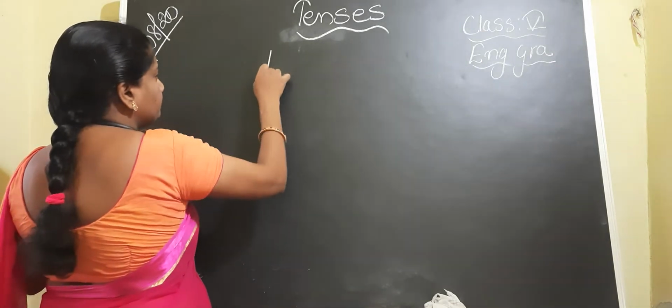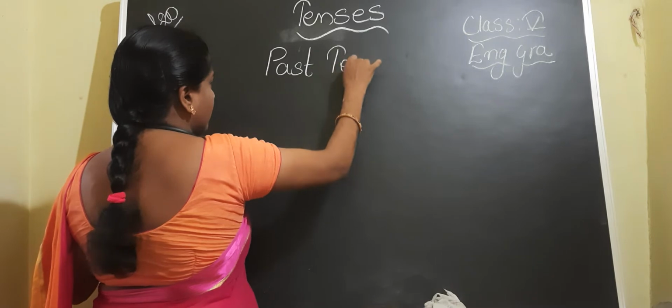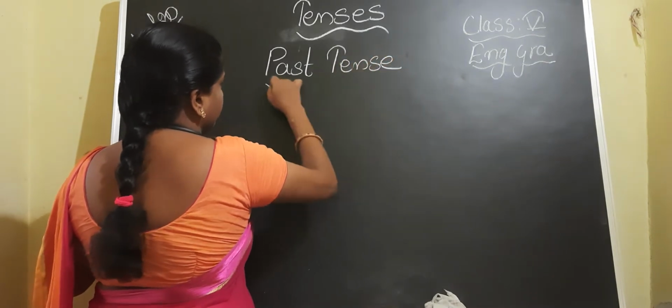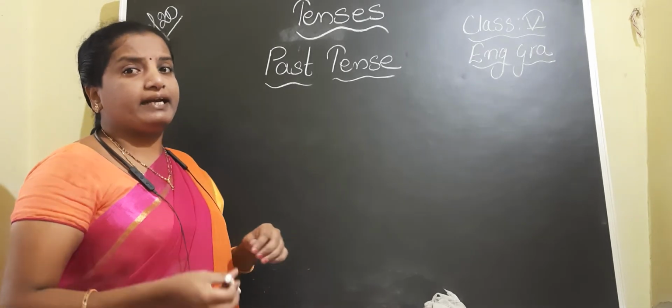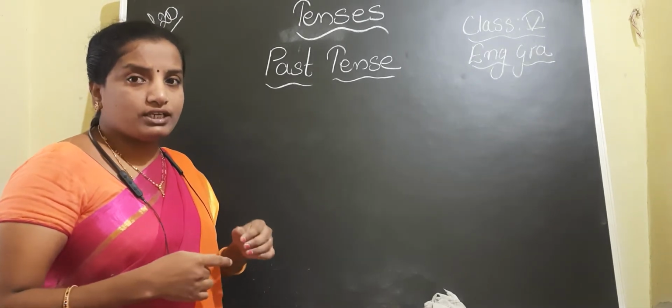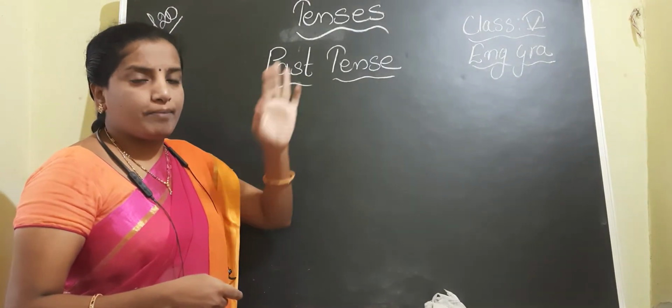See, children, past tense. What do you mean by past? Already we have discussed, children, that whenever we are denoting the completed action, the actions which already completed, it is denoted by the past tense.